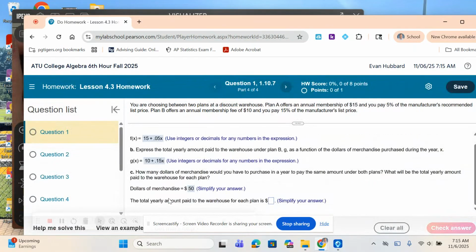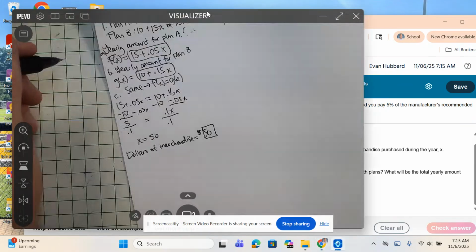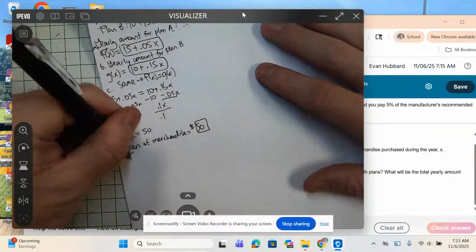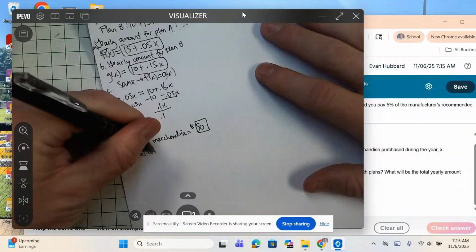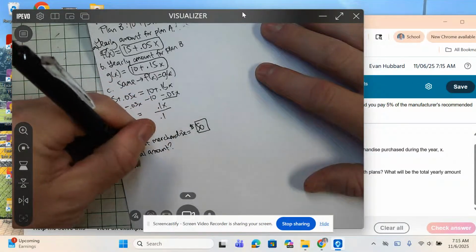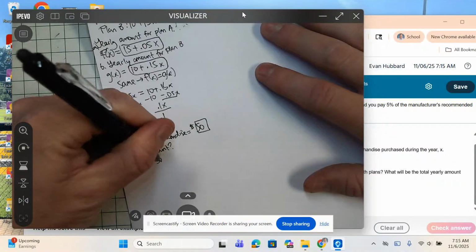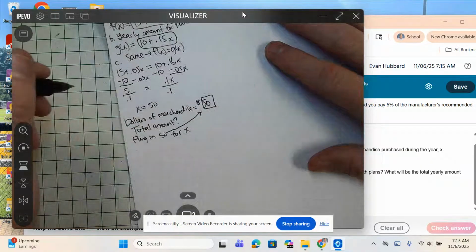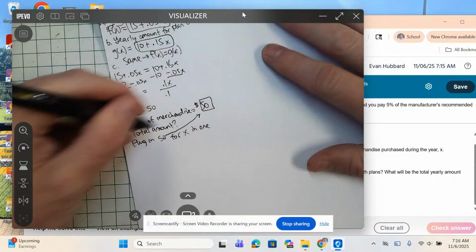The total yearly amount paid to the warehouse for each plan is, and so what you're going to do is plug in 50 into the, is this part D, by the way? Oh, it's the total amount. I'm going to put total amount to label this. Okay, you want to plug in 50 for X, and you could do it to either one in one of the equations.